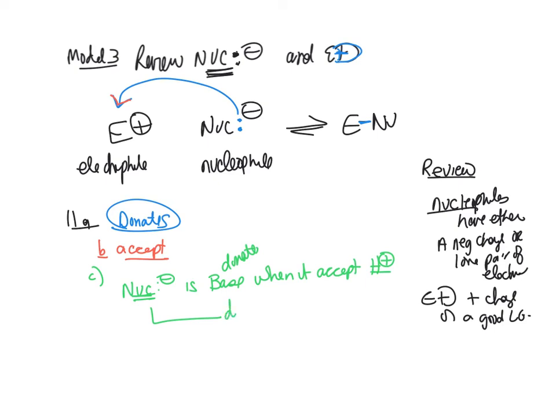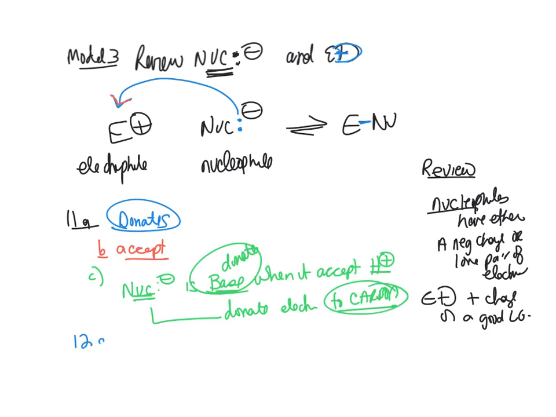A nucleophile will donate its electron pair to carbon. So if it donates its electron pair to carbon, it's a nucleophile. It acts as a base when it donates its electron pair to proton. So that's the similarities and difference. They're both donating an electron pair, but a base donates it to proton, a nucleophile donates it to carbon.